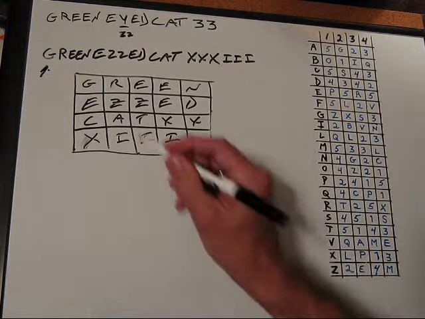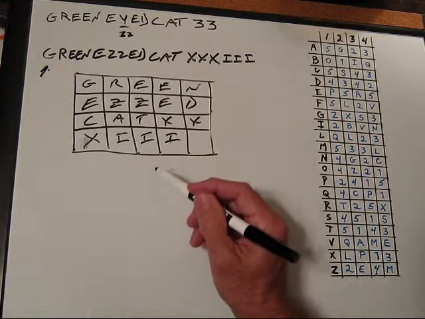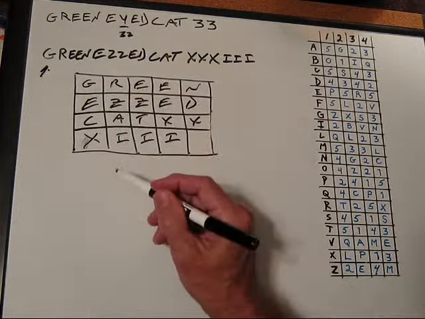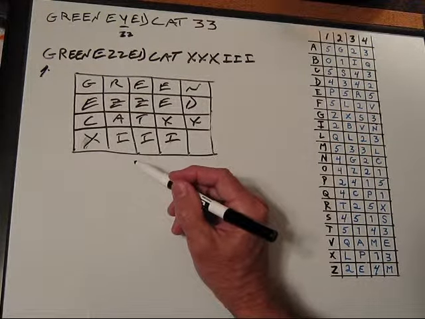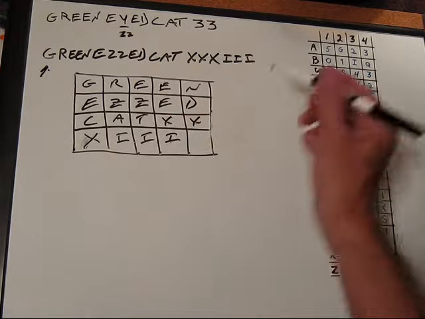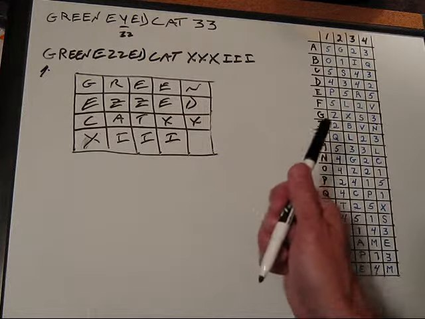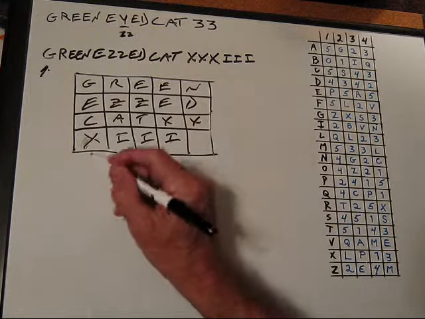Alright, so now we're going to use this to pre-process it into a cipher. Because what we're going to do is we're going to superencipher it with the Alberti cipher.